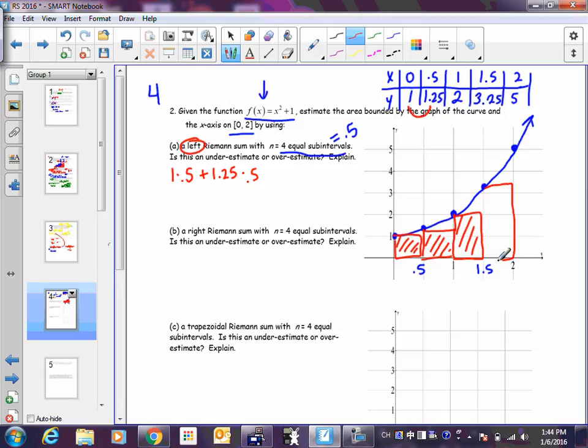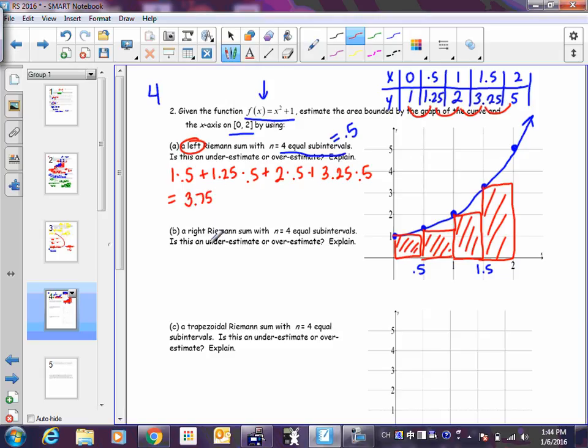So you can either use the graph or you could use the table. Thinking about each time with each pair, use the left number. So we're not going to use 5 for the left Riemann sum. And we're going to multiply and add it all up.